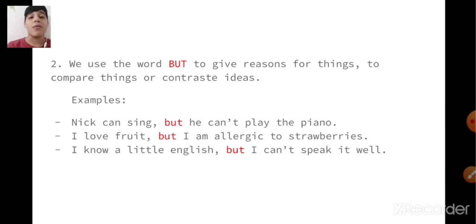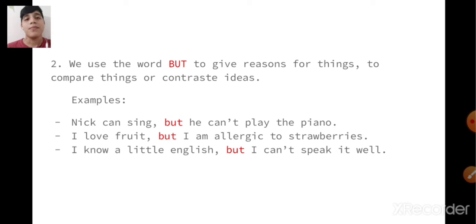We have the second one, that is the word but. We use it to give reasons for things, to compare things or contrast things, okay? So we use but most of the times to make contrasts with another thing that we are saying or to compare something.